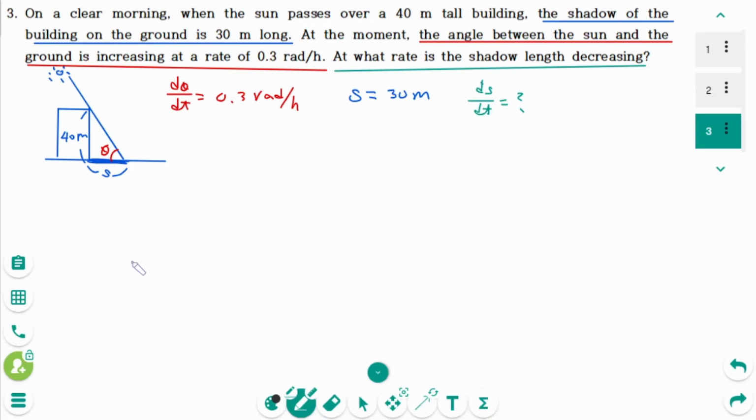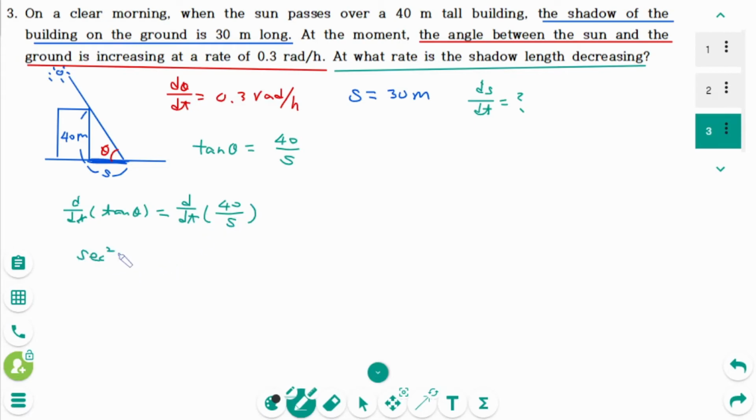In this diagram, we know the respective angle, the opposite side, and adjacent side, so we can choose tangent theta equals 40 over s. Differentiate implicitly with respect to t. d/dt of tangent theta equals d/dt of 40 over s.